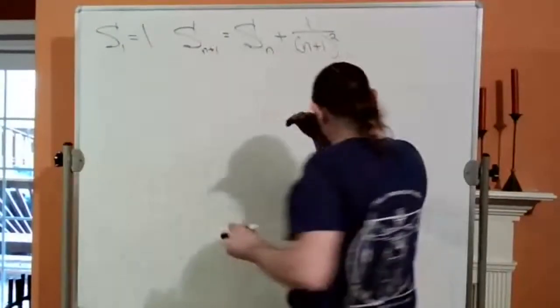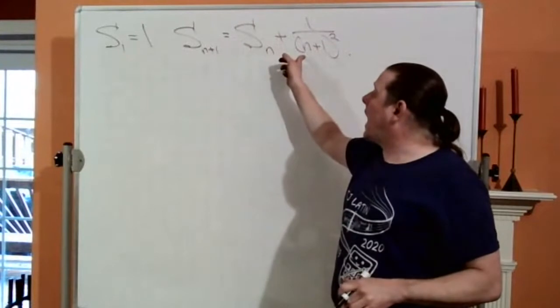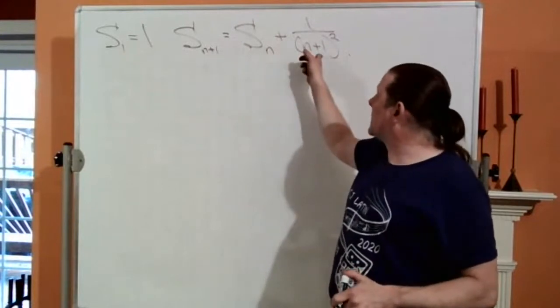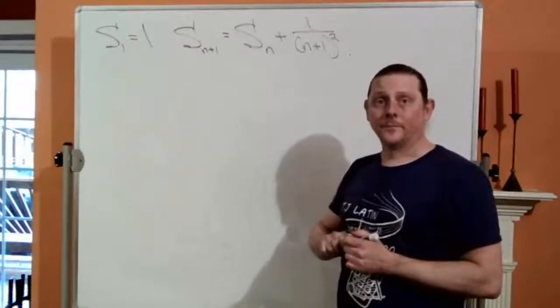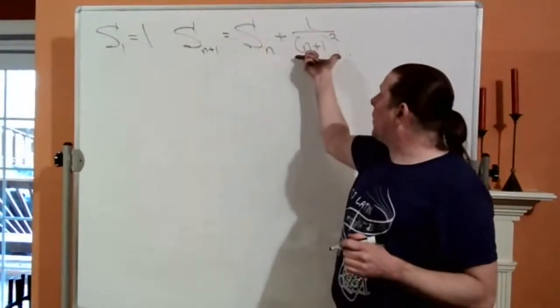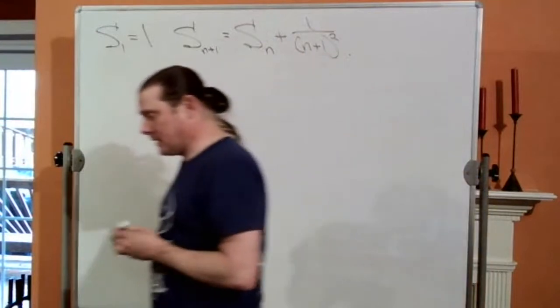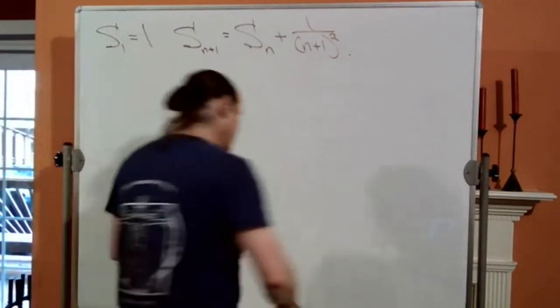So consider this sequence. Here we start with 1, and then each time we add the reciprocal of the square of the next number. Okay? So since each time we're adding something to it, clearly this sequence is monotonic.